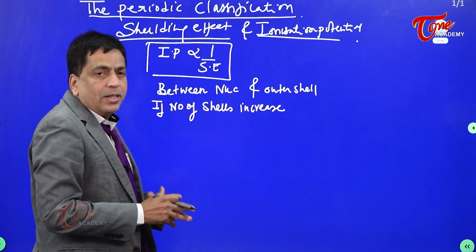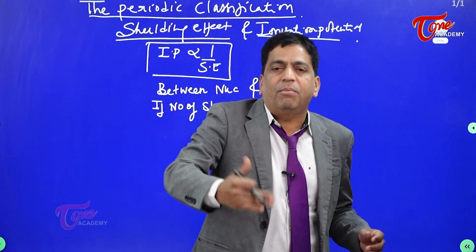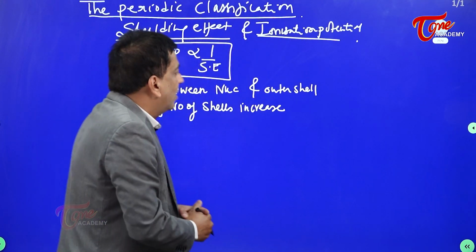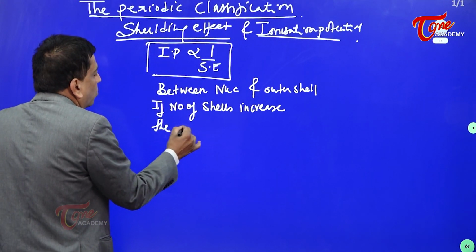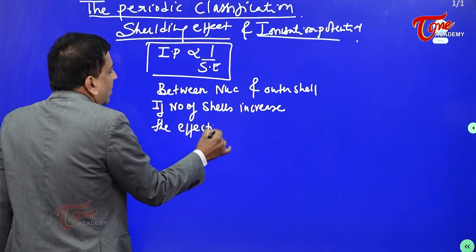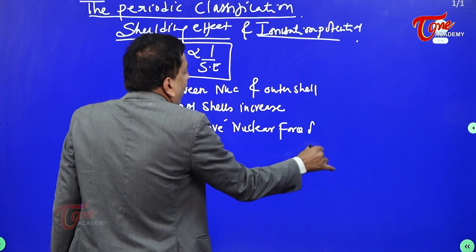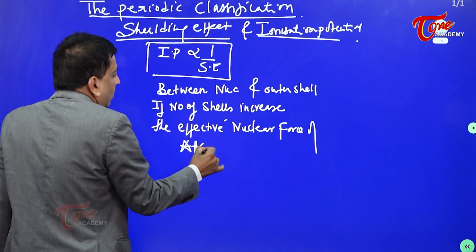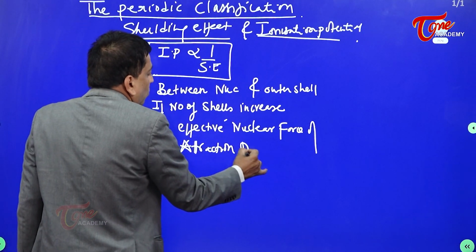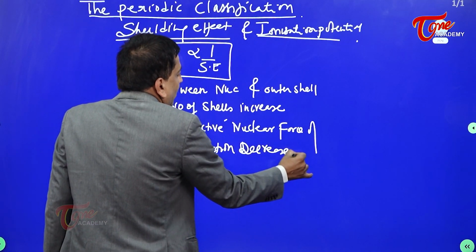between the nucleus and the outermost shell, if the number of shells increase, then the effective nuclear force of attraction actually decreases.